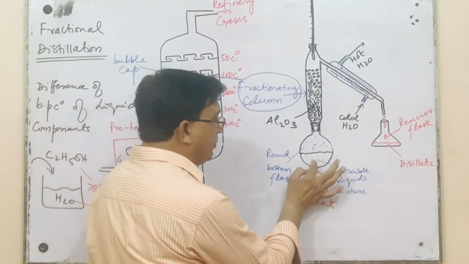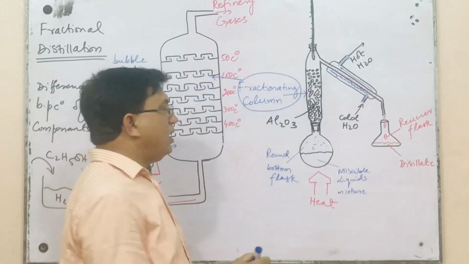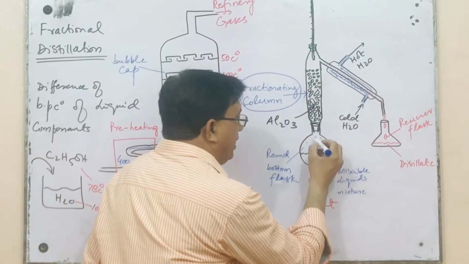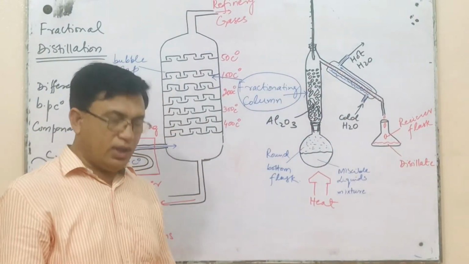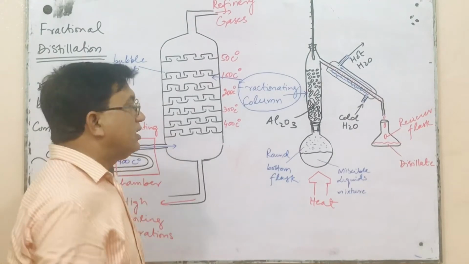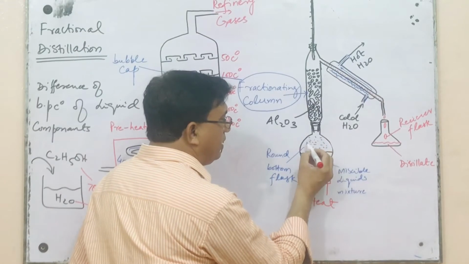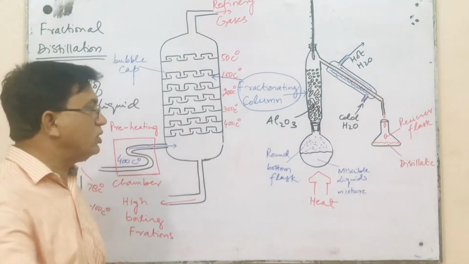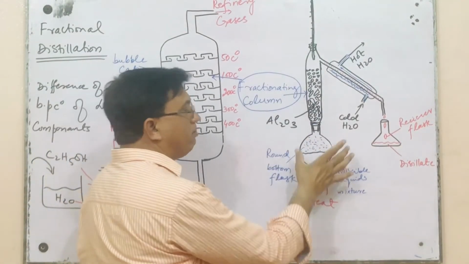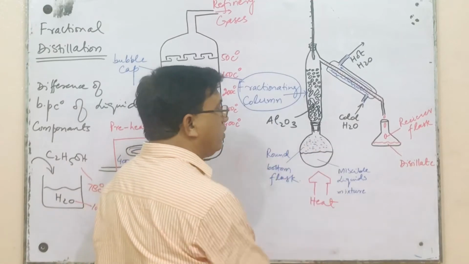Now, what will happen? With the passage of time, the vapors are of alcohol, but side by side, due to the rising temperature, the water vapors will also come in with these alcohol vapors. No doubt, the water will be less, but will be there. That will contaminate the vapors of the alcohol.